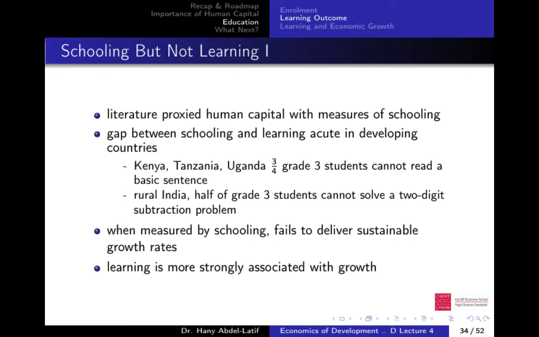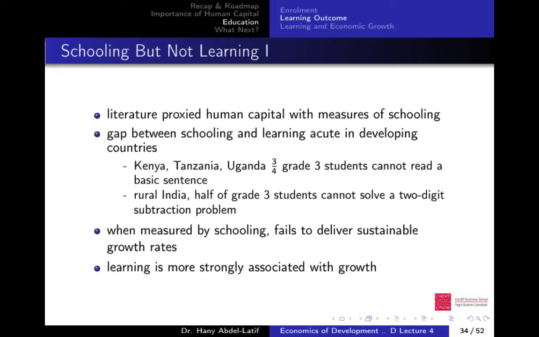Okay, let's start again. As I said, from what we saw in the first part of the lecture, human capital is more about the quality of humans or of labor, which includes health, education, skills, knowledge, even habits. We try to focus only on education.